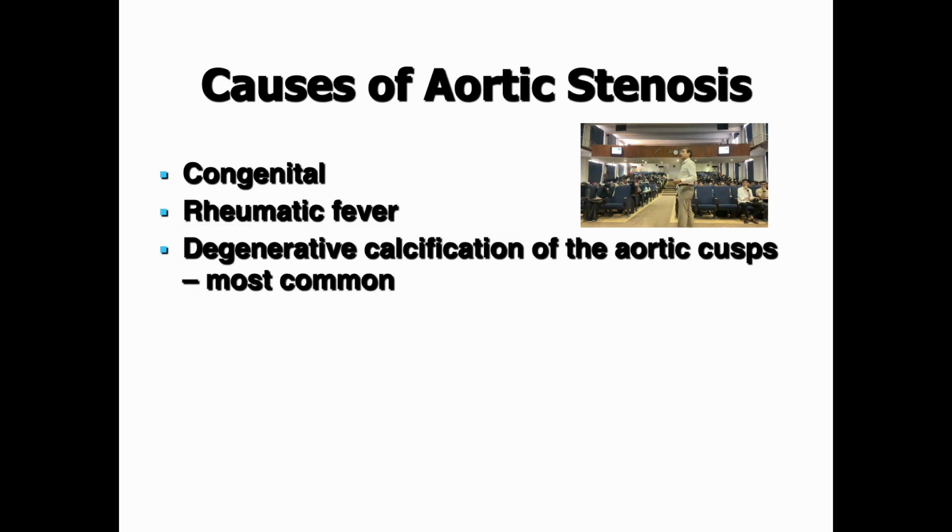So rheumatic fever and degeneration of the aortic cusps, degeneration is the most common. You see, mitral stenosis comes in younger patients. Aortic stenosis comes in older patients. Similarly, aortic regurgitation is seen in relatively older patients as compared to mitral regurgitation. So mitral valve disease symptoms and problems come in younger age groups, and aortic valve disease presents in the later age group.